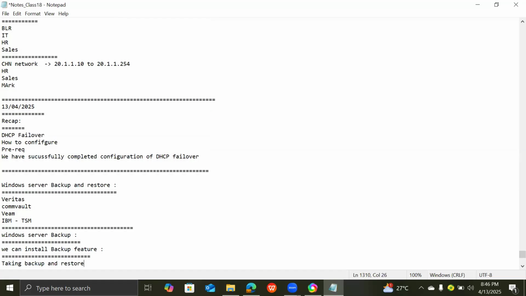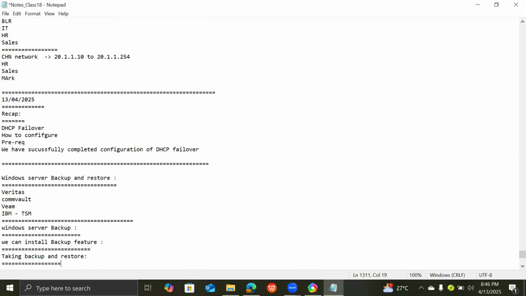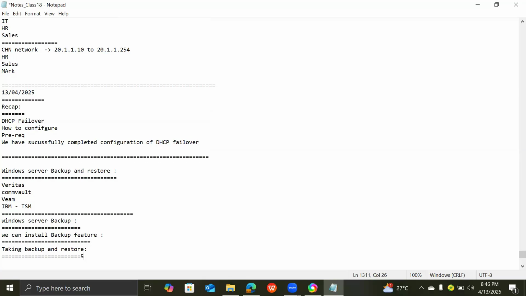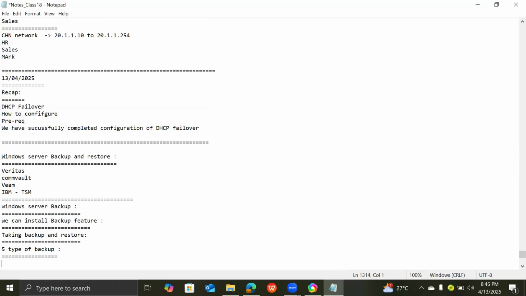So when you talk about the traditional method of the Windows feature, you have 5 types of backup. I think you guys have heard about the 5 types of backup. Number one is system state backup, also called a normal backup, also called a full backup.